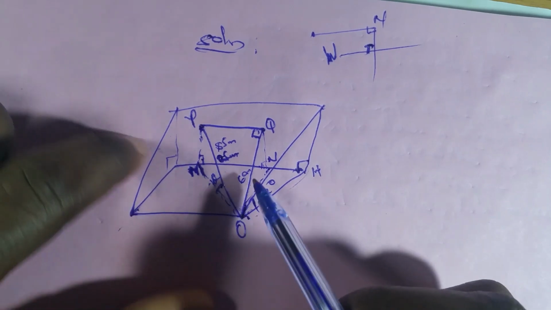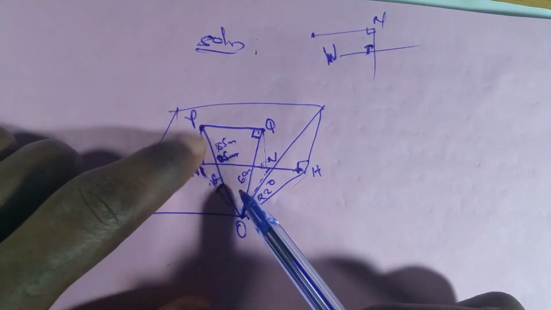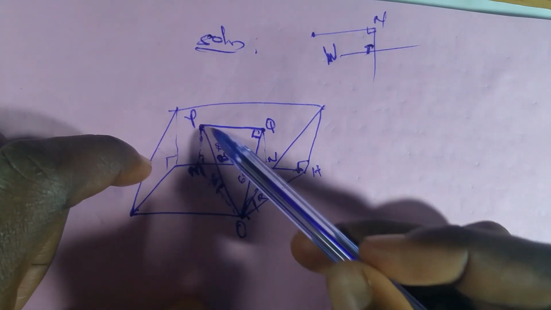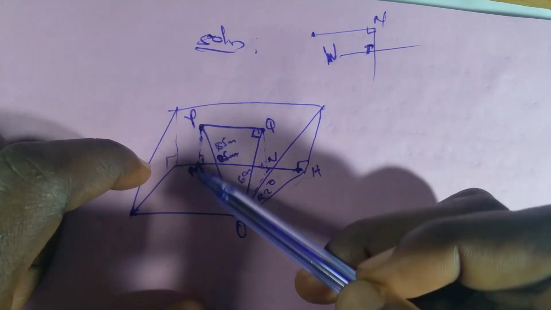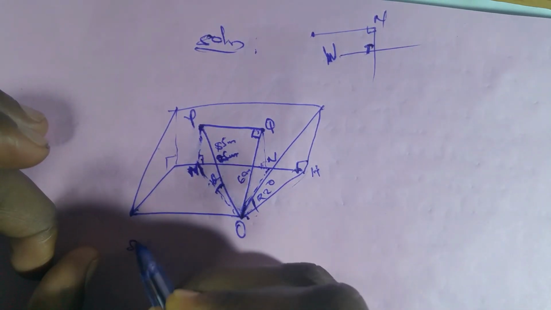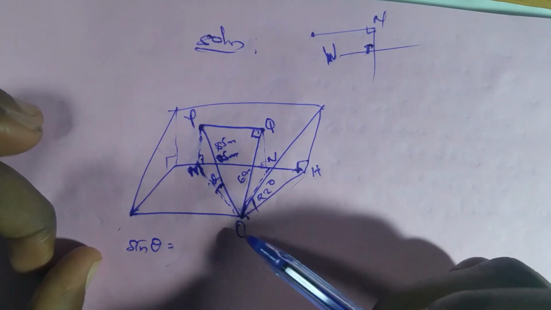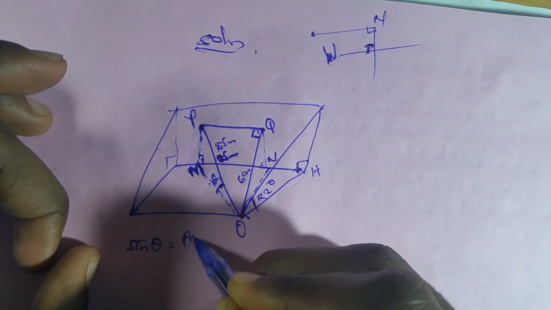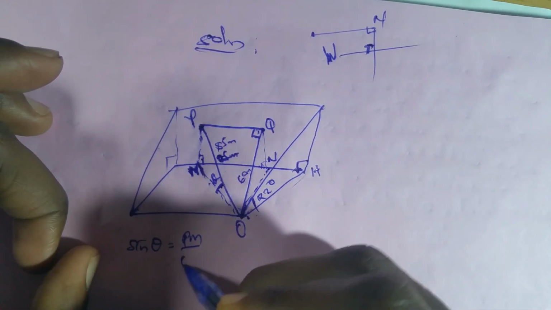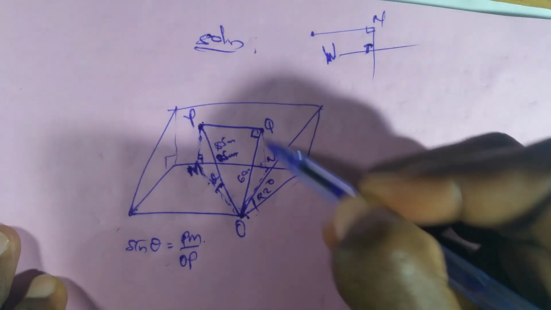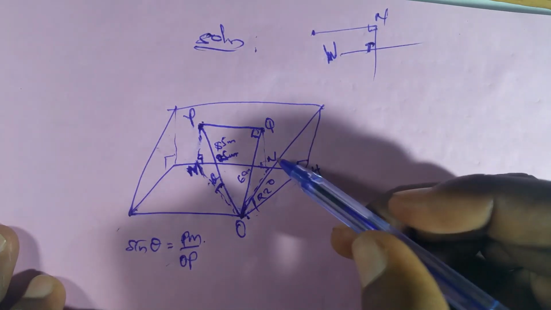So we see that our theta can be got from that height. If you use opposite and hypotenuse, which is already 85, that means we can use sine there. So we use sine theta, which is the opposite, PM, out of the hypotenuse, OP. But do we have PM? PM is that vertical height. Where can we get that vertical height?